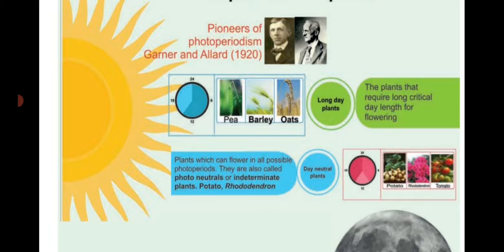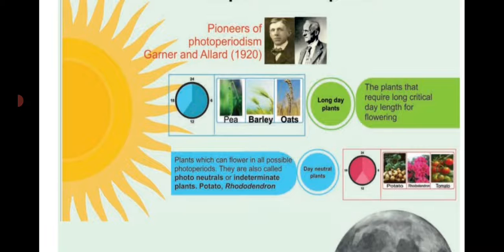Dear students, what are long day plants, short day plants and day neutral plants is a very, very important 2-mark and 3-mark question. You must learn the examples with the definition. That's very important. Naming some examples of long day plants is a 2-mark question. Likewise, short day plants and day neutral plants.